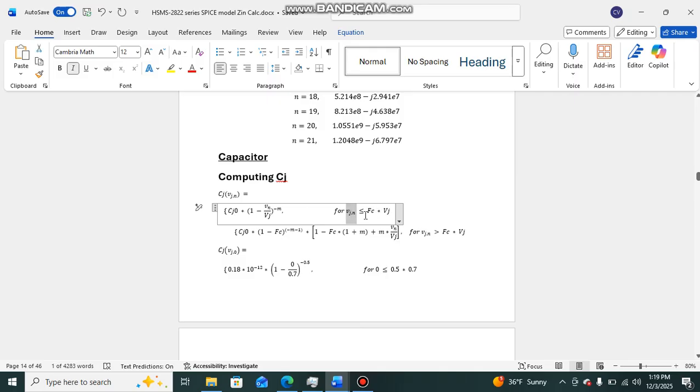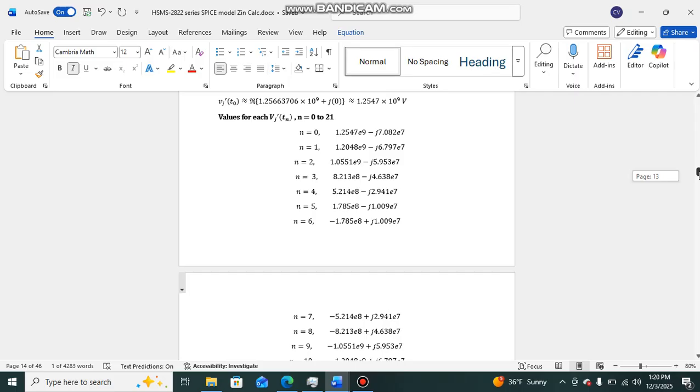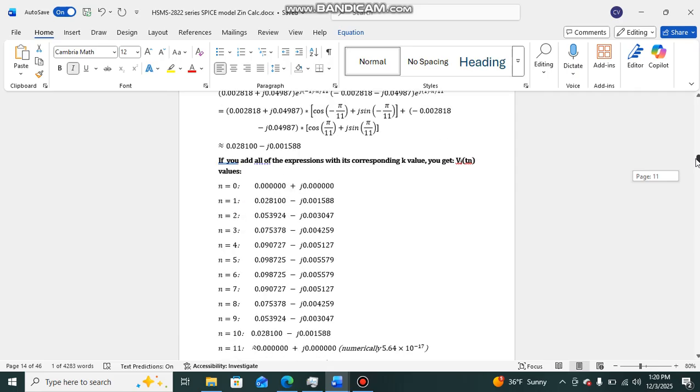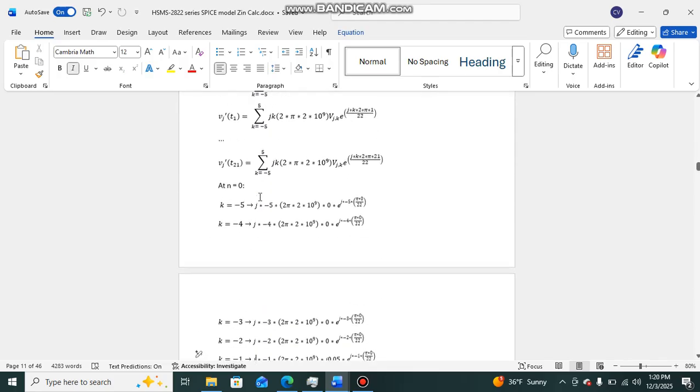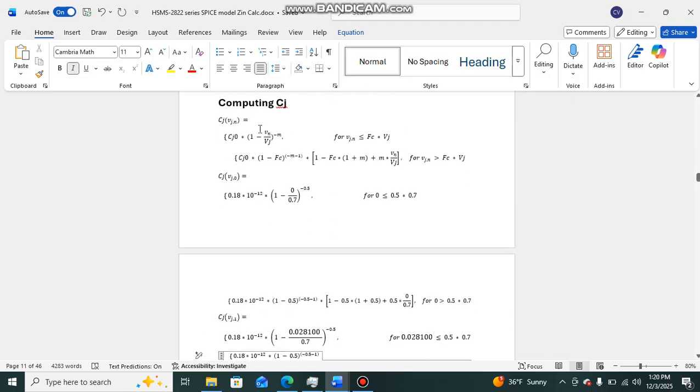And we need to see if it's going to be greater than or equal to VJN, which is our time domain junction voltages. We have those values right up here. Time domain junction voltage right here. So these are all the time domain. As you can see, all the values are less than 0.35. So we would be using that first equation right here.